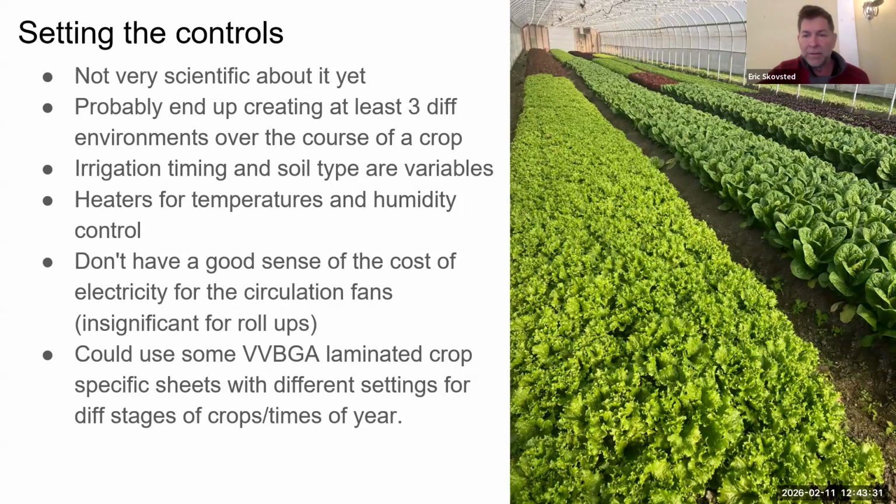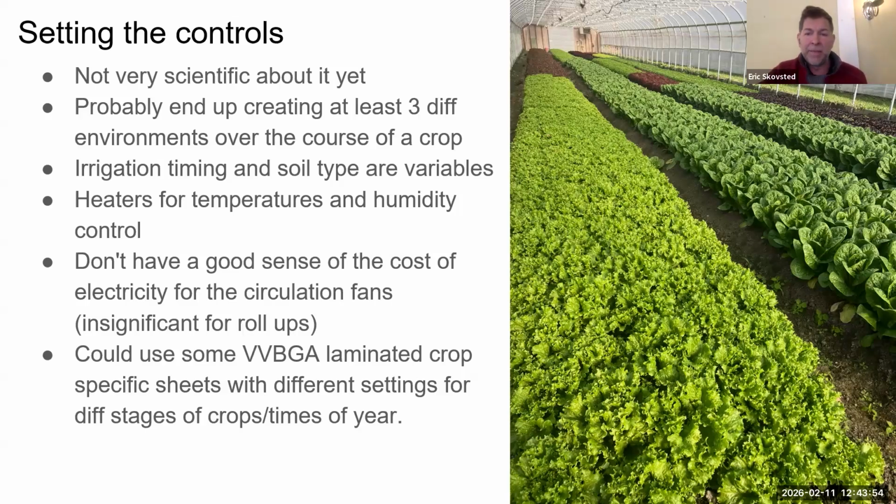But we're not scientific about setting those controls. I think I would say that we probably create about 3 different environments over the course of a crop with our automatic controls. And we're thinking about humidity in the greenhouse, temperature.